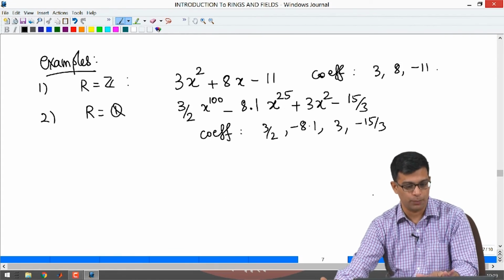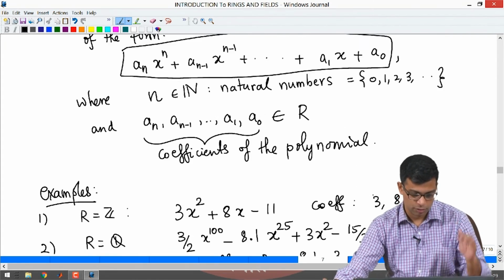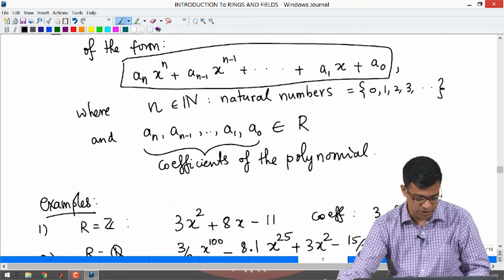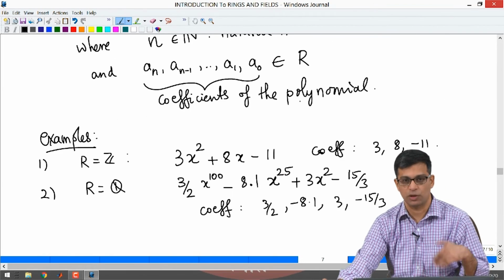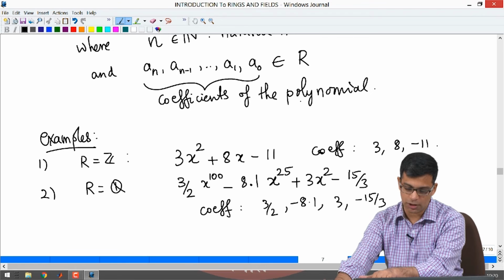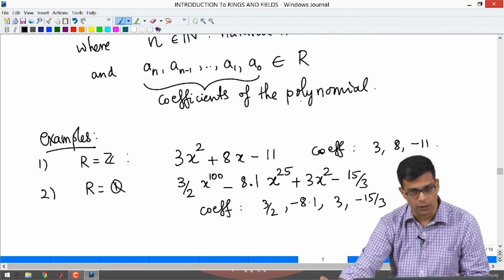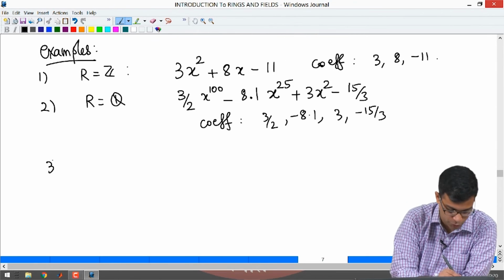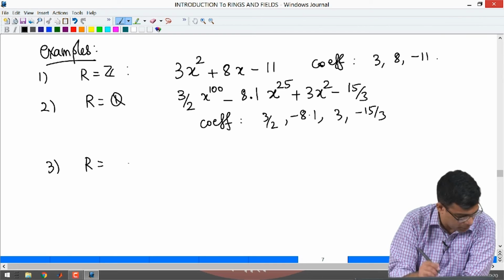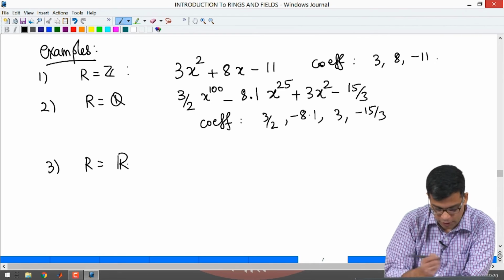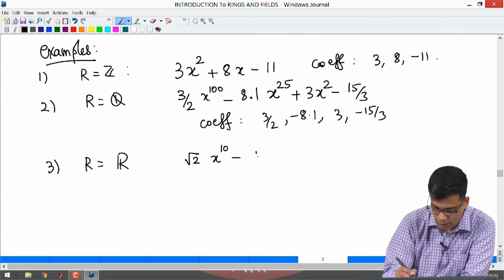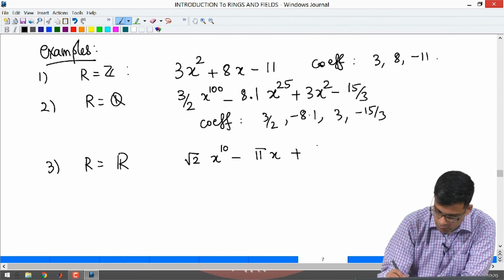So, this is not a polynomial over... remember, polynomial over R is important. The first example is a polynomial over Z. It is also a polynomial over Q because the coefficients are also rational numbers, but the second one is not a polynomial over Z, it is only a polynomial over Q. Similarly, you can take real numbers, you can take root 2 x power 10 minus pi x plus 8.